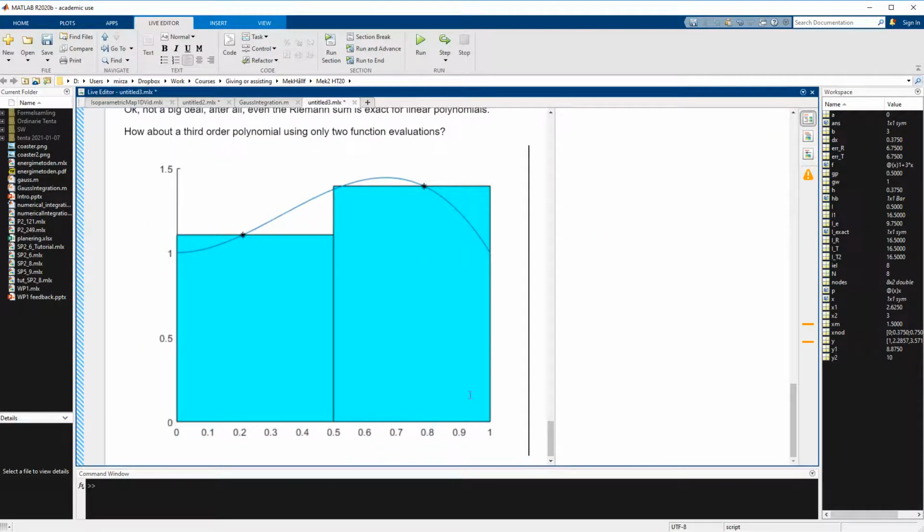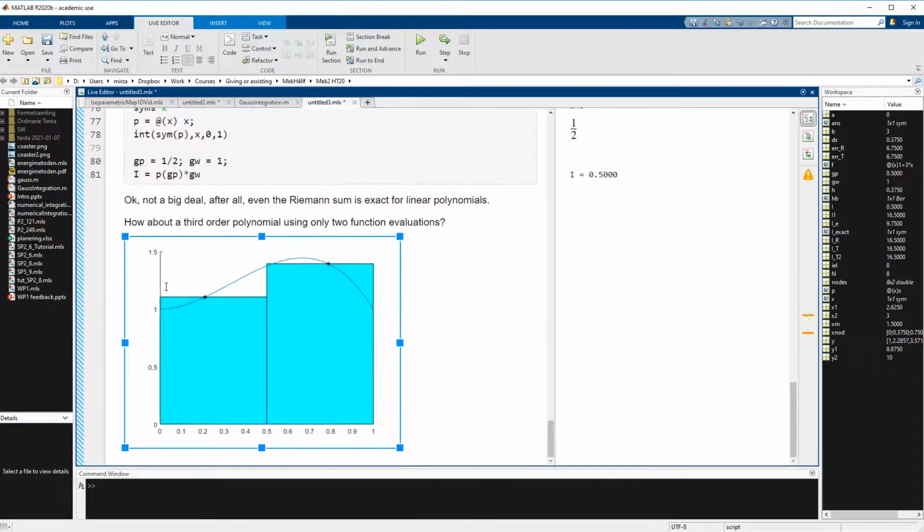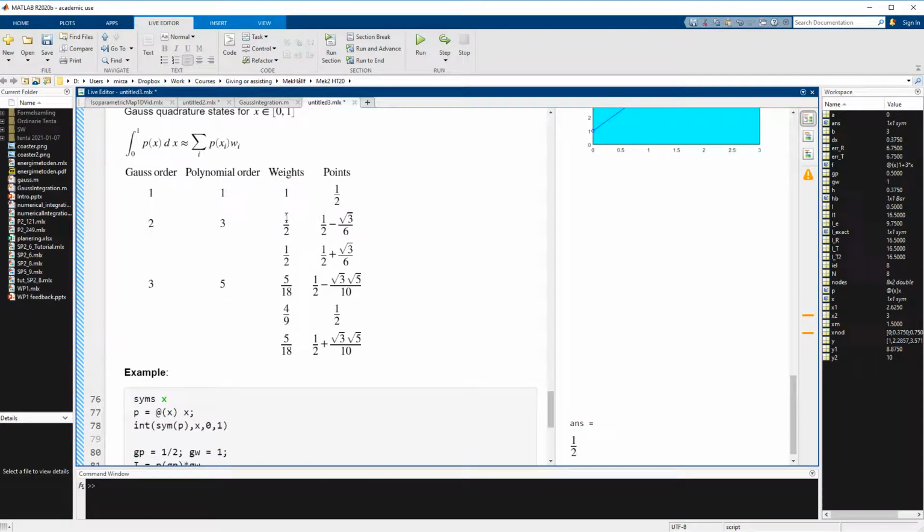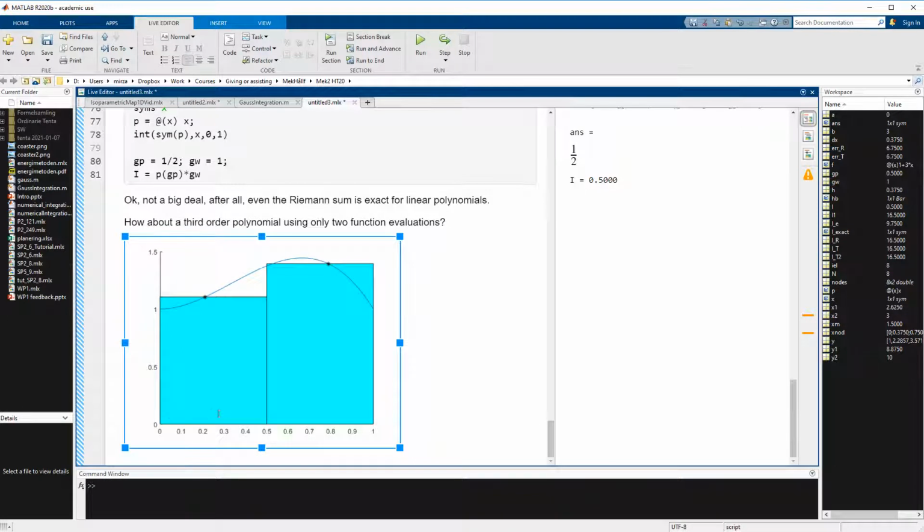So what we will be getting at is that for this third order business, we will find 2 points for which we choose carefully a weight, and we multiply. We take our function evaluation at that point, and then we multiply this by a weight, which can be seen as multiplying it by this length here. And if you look at the table here, the weight is actually 1/2. So our length here is 1/2, and then we get this area.